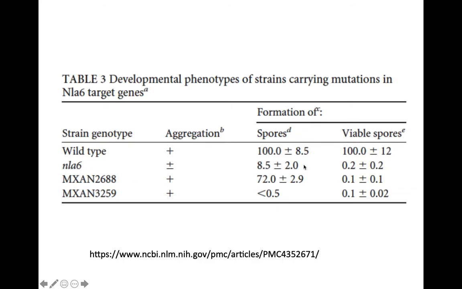And then what they saw after reproduction and after the whole cycle is that the viability of the spores decreased. If you compare the viable number of spores to the wild type, the one that does not have any mutation on the gene producing the regulon, sobrang liit ng viable spores produced. So that's one level, the first level of seeing the effect of the mutation.